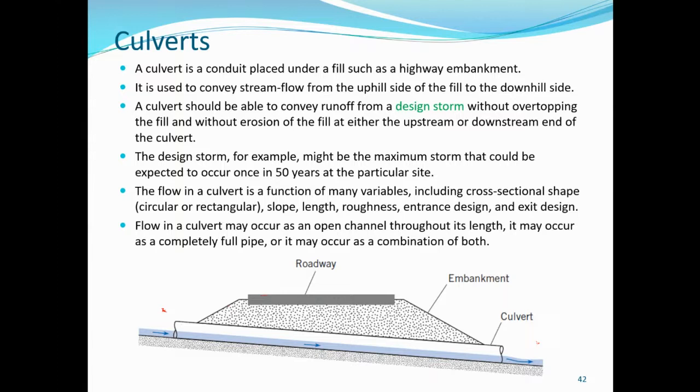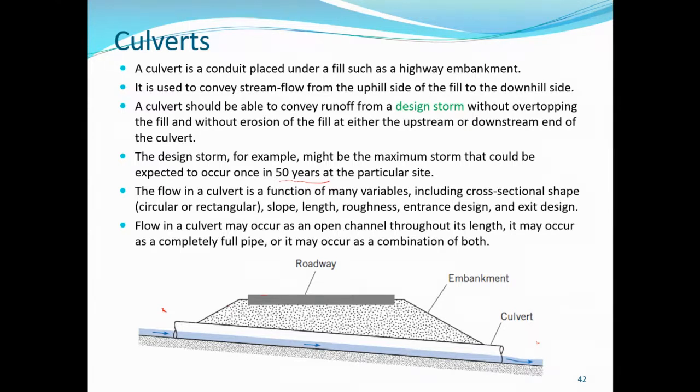The design storm, for example, might be the maximum storm that could be expected to occur once in 50 years at the particular site. For design, usually we design for the worst case scenario, so that is why we look at the maximum storm once in 50 years. We design our culvert to be able to handle such a storm if it were to recur.